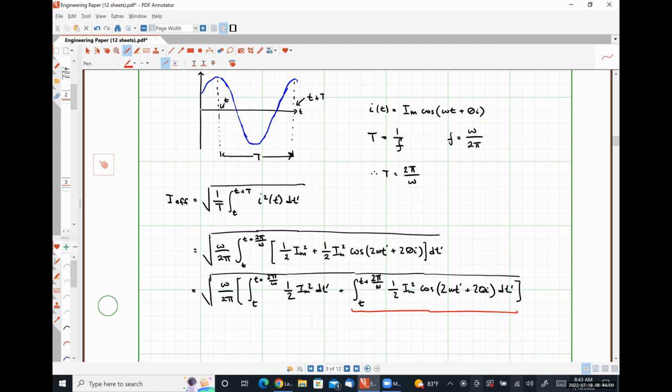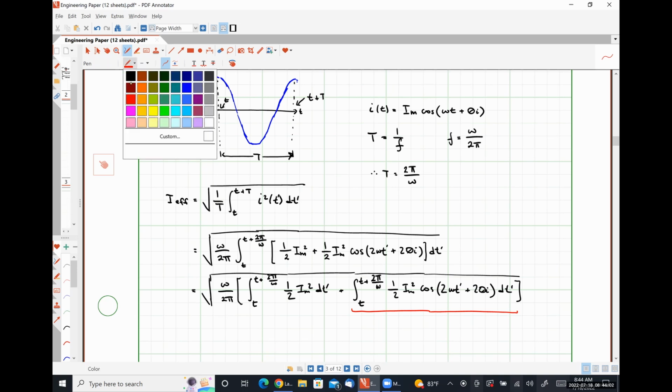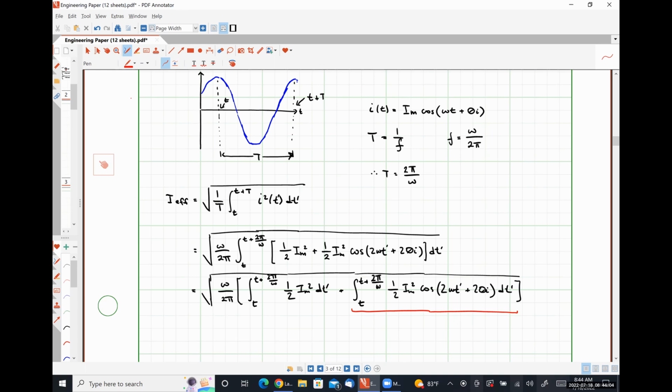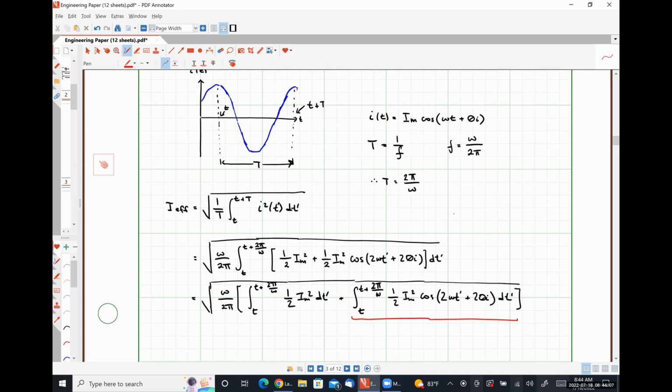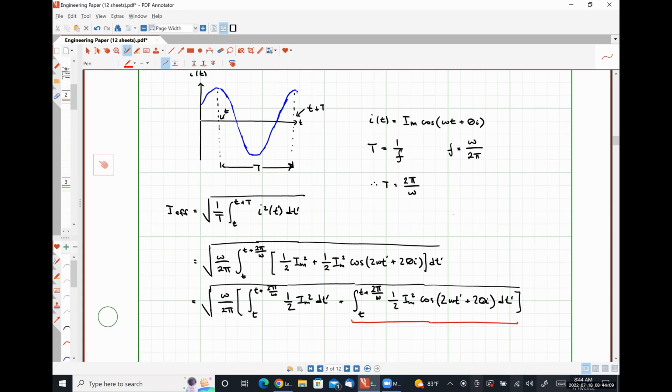So what I mean by that is if I tried to draw this, and I'm going to superimpose it on top of our current waveform, so this is going to be part of I squared, it would look something like this.